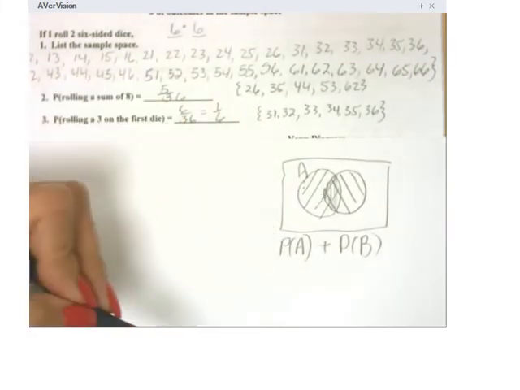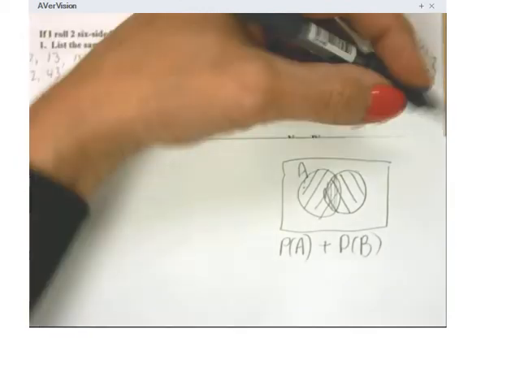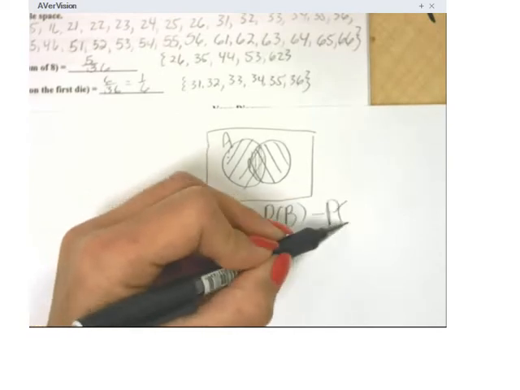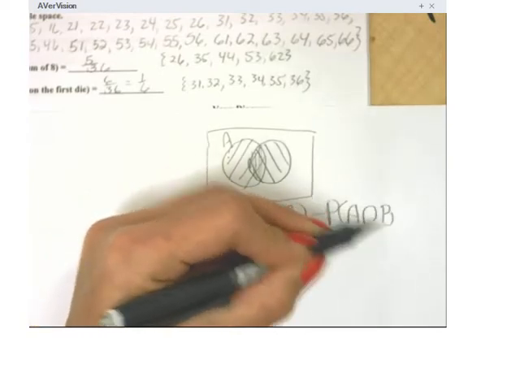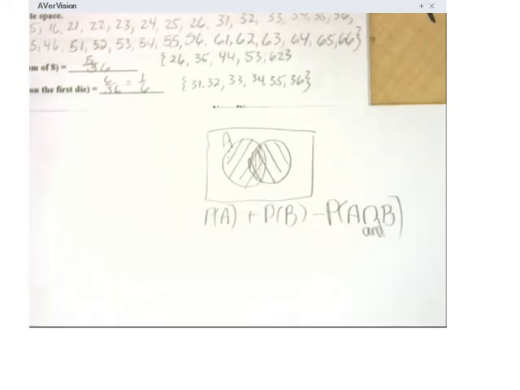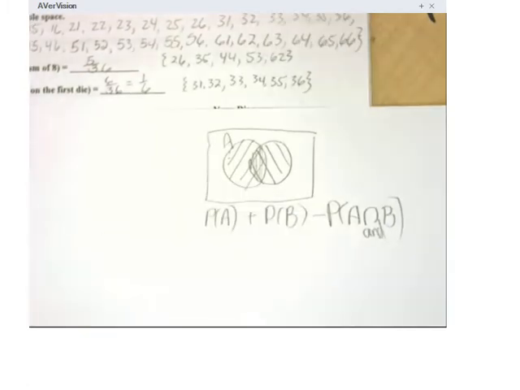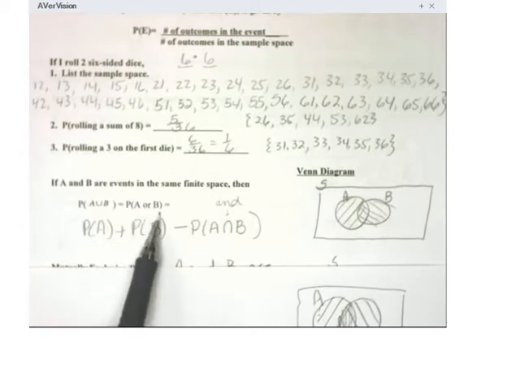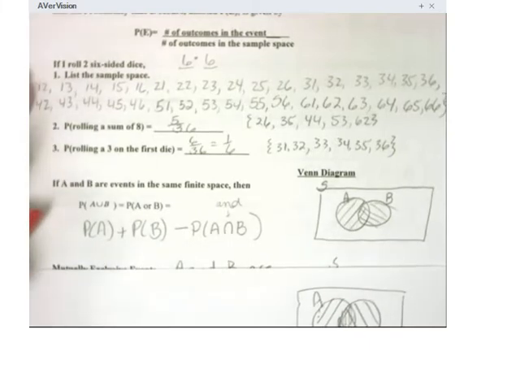And we call that region where they overlap the intersection, and that is written as the probability of A intersect B, or we can also put the word and in there. So and means intersection, or means union. So with that little picture, anytime you think of the union of two events, that means either the first event occurs or the second event occurs, or both of them could occur. So anything in that shaded region, we just have to watch out for double counting anything.